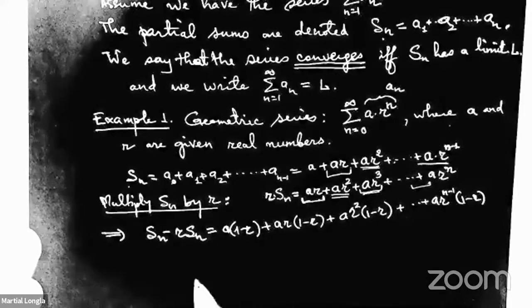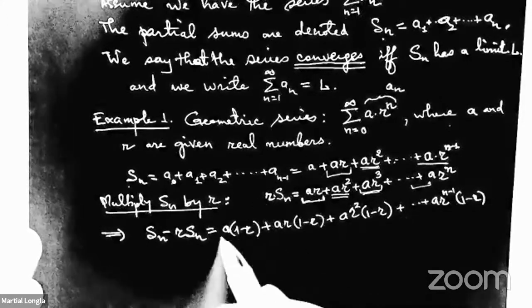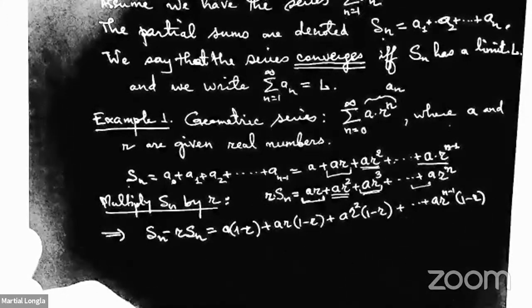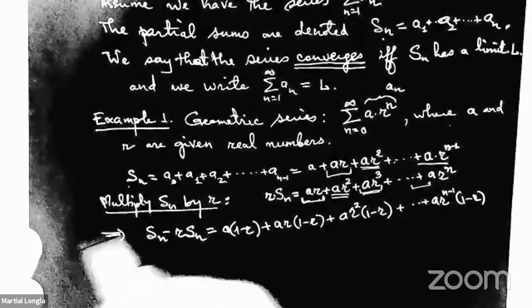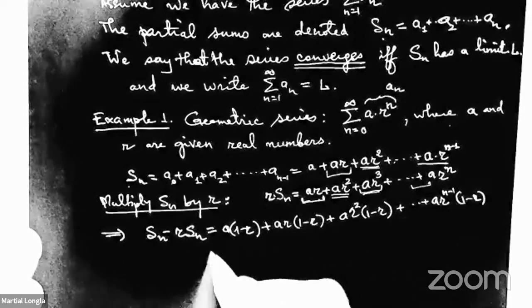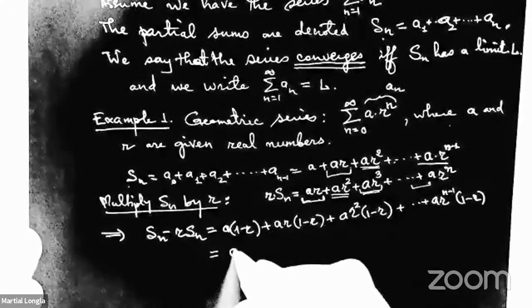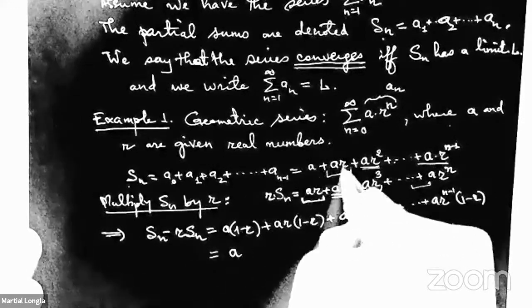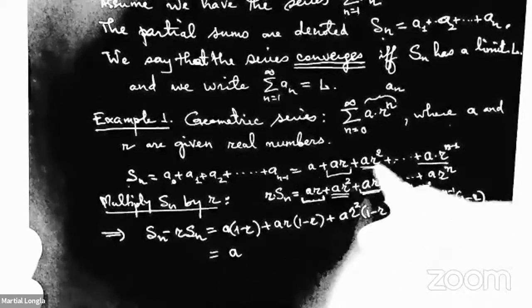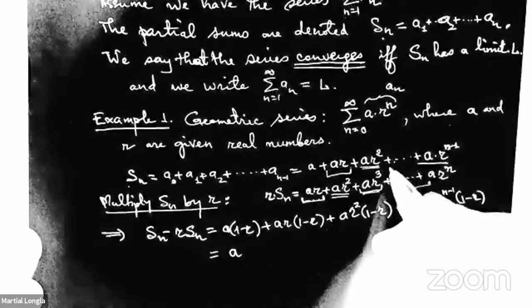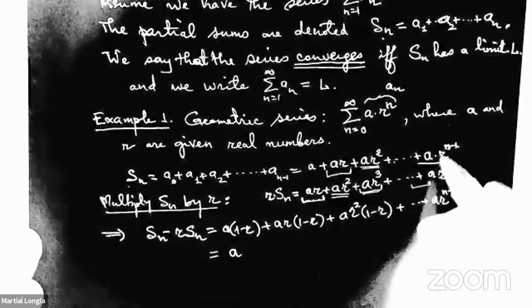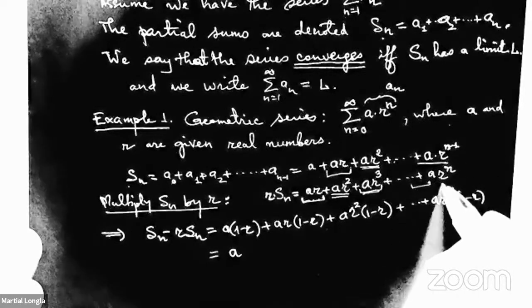So technically, when I'm subtracting, I could do this and still get something, but it's not going to be as helpful as if I just said, okay, that subtraction gives me the first term is A, then AR cancels, then AR squared cancels, AR cubed cancels, everything cancels except the one that I have here.